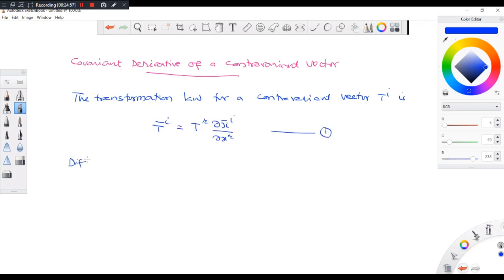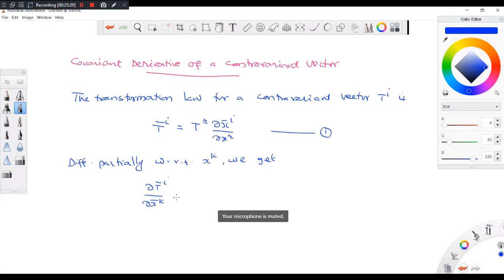Same thing, differentiating partially with respect to xk, we get del T bar i by del x bar k, which is equal to del Tr by del x bar k into del x bar i by del xr, plus Tr into del square x bar i by del x bar k del xr.